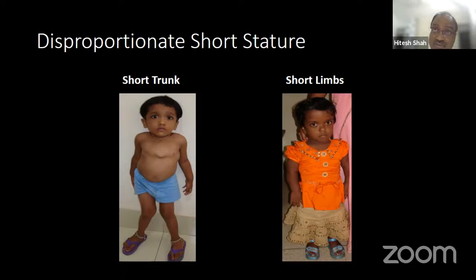It may be possible to have shortening of the trunk as well as the limb, and that will go in proportionate short stature. I never said that proportionate short stature is not a skeletal dysplasia, but whenever there is disproportionate short stature, it is none other than skeletal dysplasia. If there is a proportionate short stature, we need to rule out endocrine problems, metabolic problems, and all other problems. But whenever there is a disproportionate short stature, it must be skeletal dysplasia.